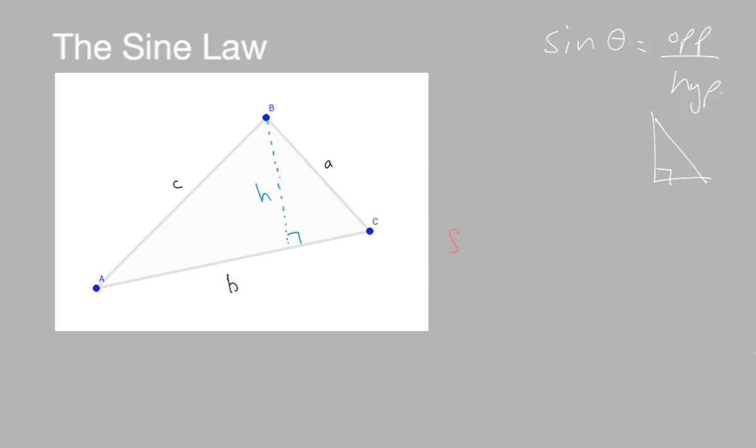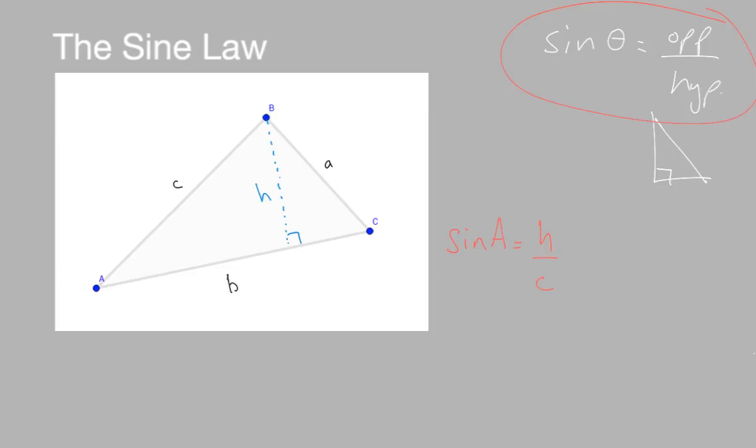So what we're going to do is ask ourselves, what could we say is sine A? Well, sine theta equals opposite over hypotenuse, and the opposite side to angle A, in this right 90 degree triangle, is h. And the hypotenuse must be c. So we would write that sine of A equals h over c.